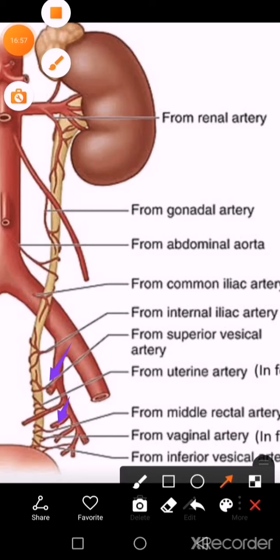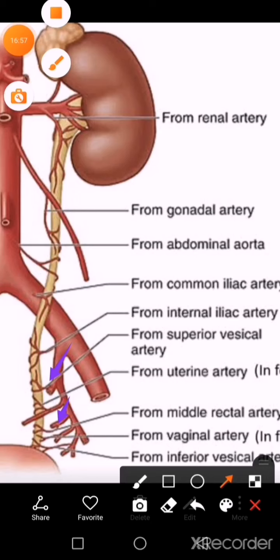In the males, during this forwards and medial course, the vas deferens, aka the ductus deferens, crosses the ureter from above and goes from the lateral to the medial. So the vas deferens is crossing the ureter superiorly and is going medially. This is not hard, and it is quite easily seen in this interesting image.